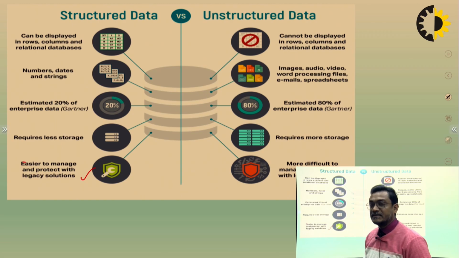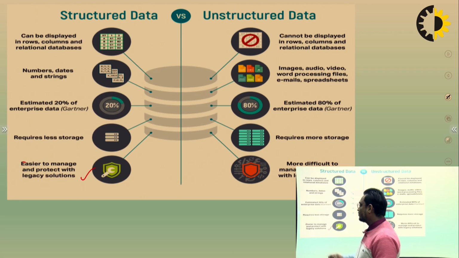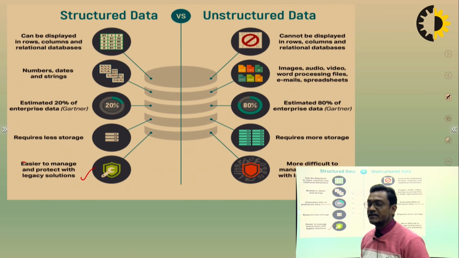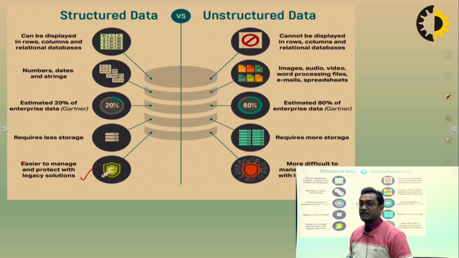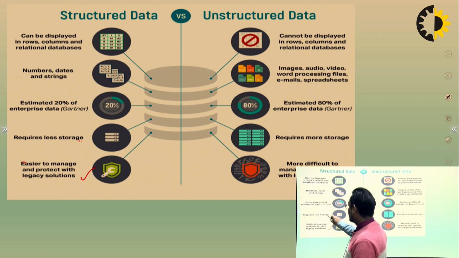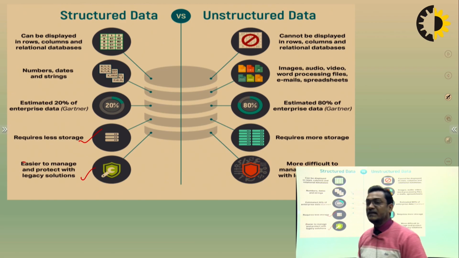Structured data is easy to manage, easy to protect, and easy to predict. If you want to do something, then easy predictions are possible in structured data. It requires less storage. If the data is managed, then what type of storage is required?